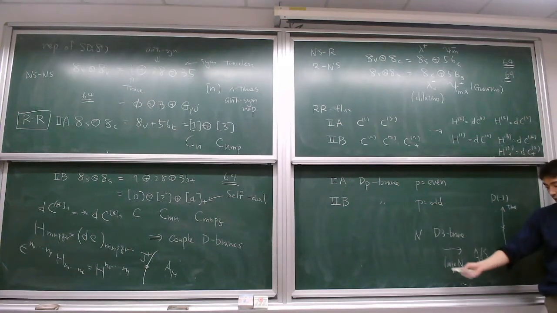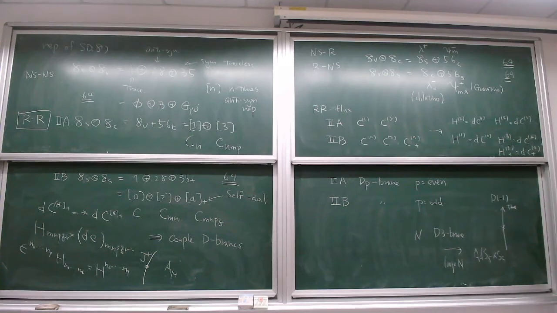If you take the large N limit, you get AdS5 cross S5. So therefore this type of CFT really comes from type 2B string theory.